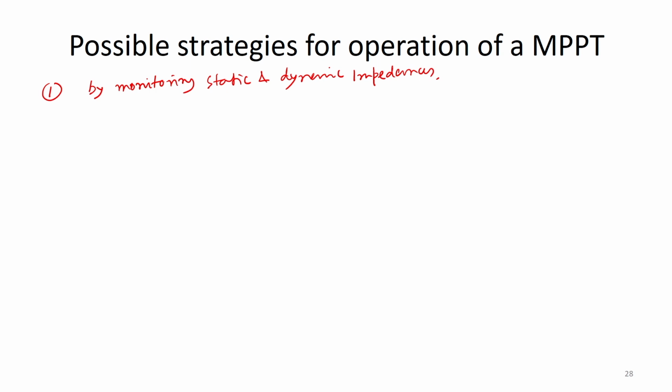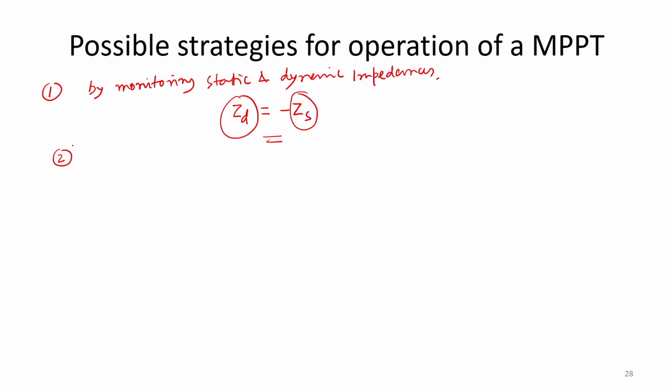Okay. So, the operating voltage is then adjusted until the condition is something like ZD is equal to minus ZS. That means, dynamic impedance equal to the negative of static impedance, right.